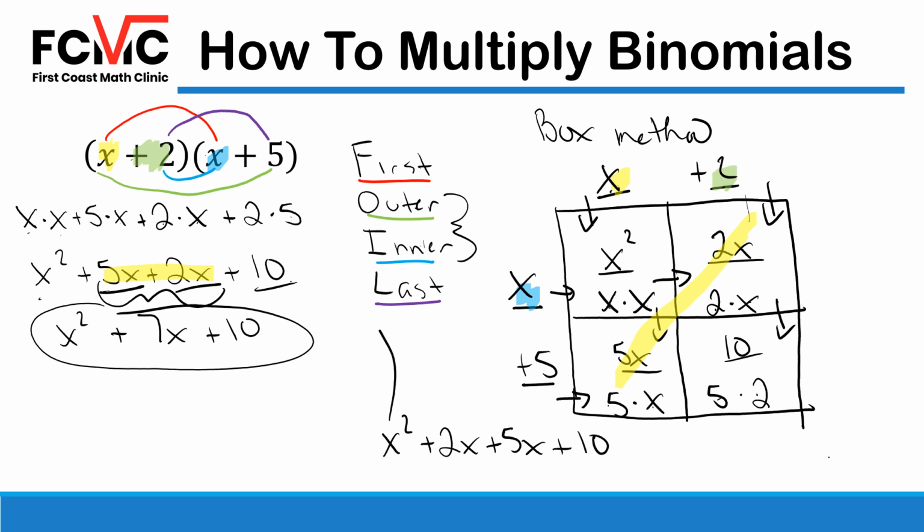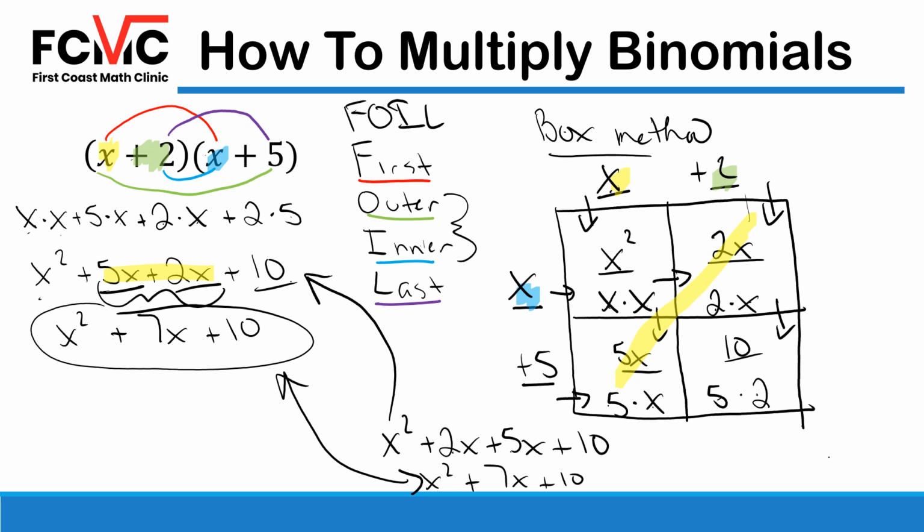Now, just as we did here, we can combine our like terms, the 2x and the 5x, and we're going to get x squared plus 7x plus 10, and we get the same answer that we did when we FOILed. So two different methods. We could use FOIL, or we could use the box method. So let's do a couple more examples using either the box method or FOIL to multiply our binomials.